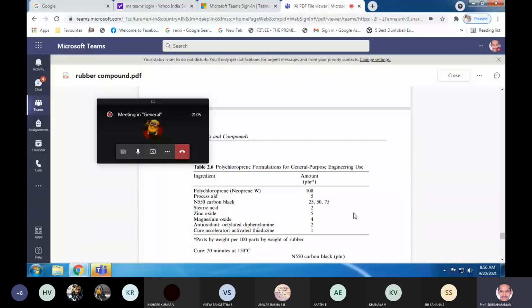Another concern is, in a number of cases it is beneficial, in certain cases it is a concern. Chloroprene rubber, you may have studied, has a specific gravity of 1.23. The other hydrocarbon rubbers have specific gravity less than 1.